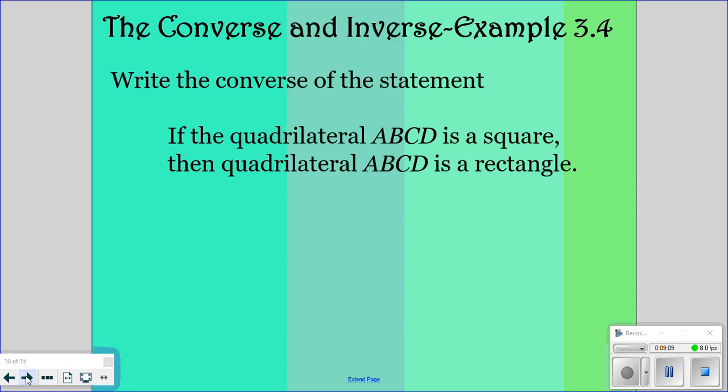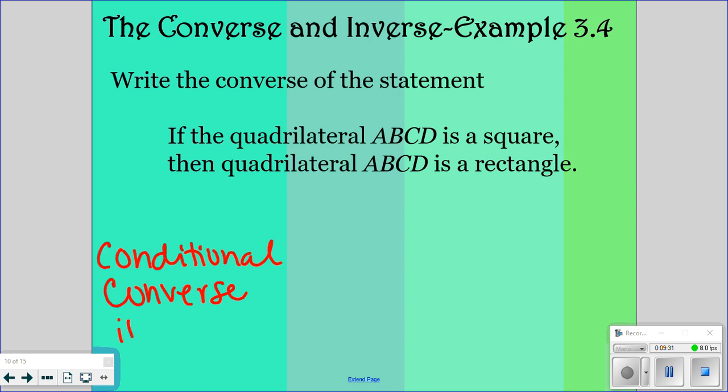So I'm going to make a little chart for you to help you know about the original conditional statement, the converse, the inverse, and the contrapositive.